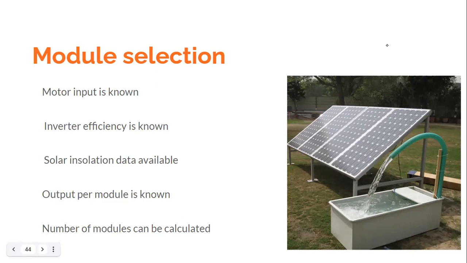The selection of a solar PV module or a solar PV array is a function of the location, and by location we mean the availability of solar energy. So solar energy data, also known as solar insolation data, is available, and that solar energy data has to be converted in terms of energy available in a day. Okay, so for example, we know that the maximum solar insolation available is 1000 watt per meter square.